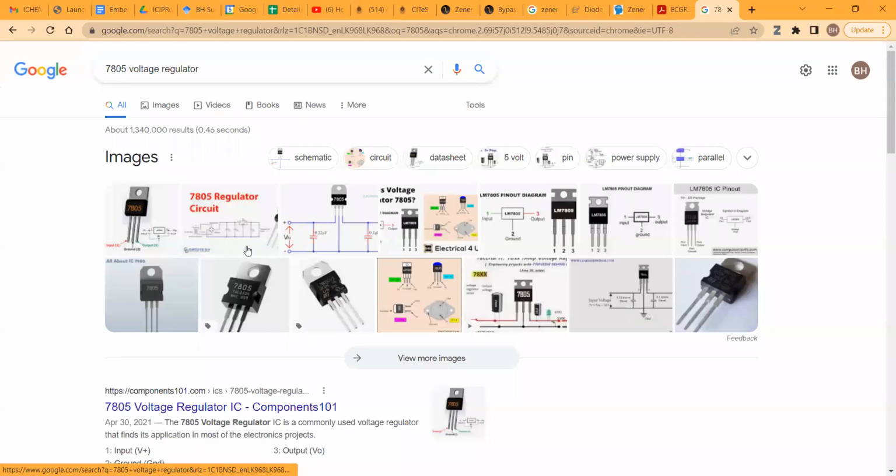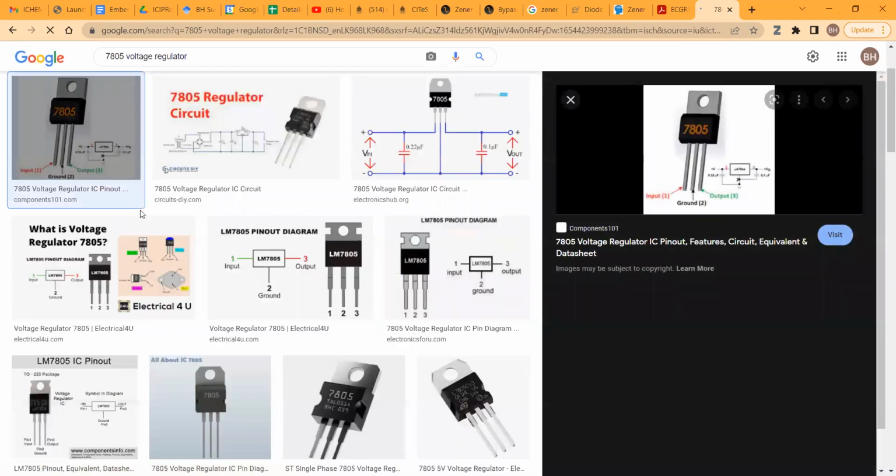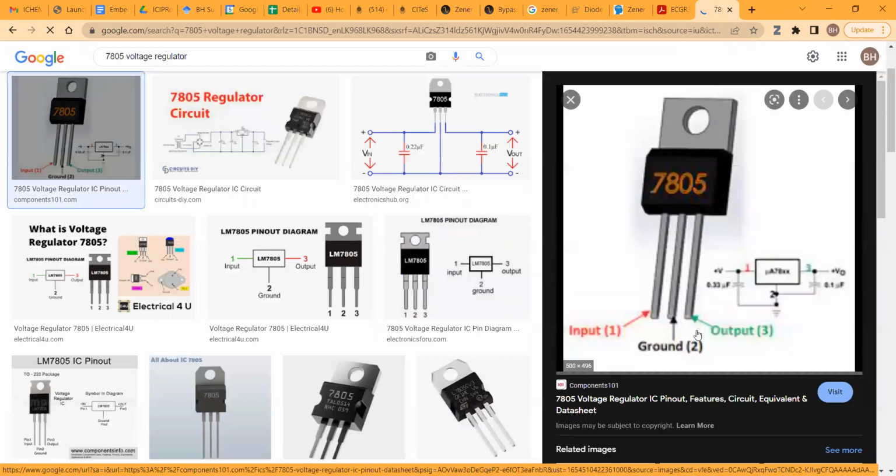You can see these images. Okay, this is the IC. And a 7805 regulator means a 5 volts regulator. So this is the input terminal, this is the ground terminal, and this is the output. A very simple application circuit is here.